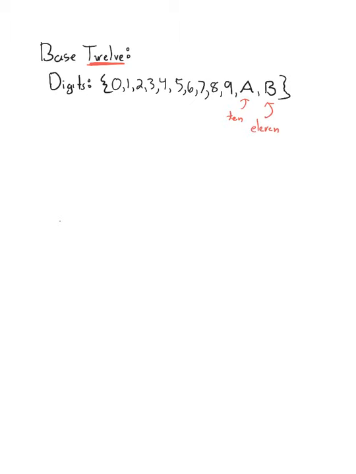So let's do base 10. I'm not going to start at 0 this time. Let's start at maybe 8. So we'll go 8, 9, 10, 11, 12, 13, 14, 15, 16. That'll do. So for base 12, what does that look like? Well, 8 ones is still 8 ones. 9 ones is still 9 ones.